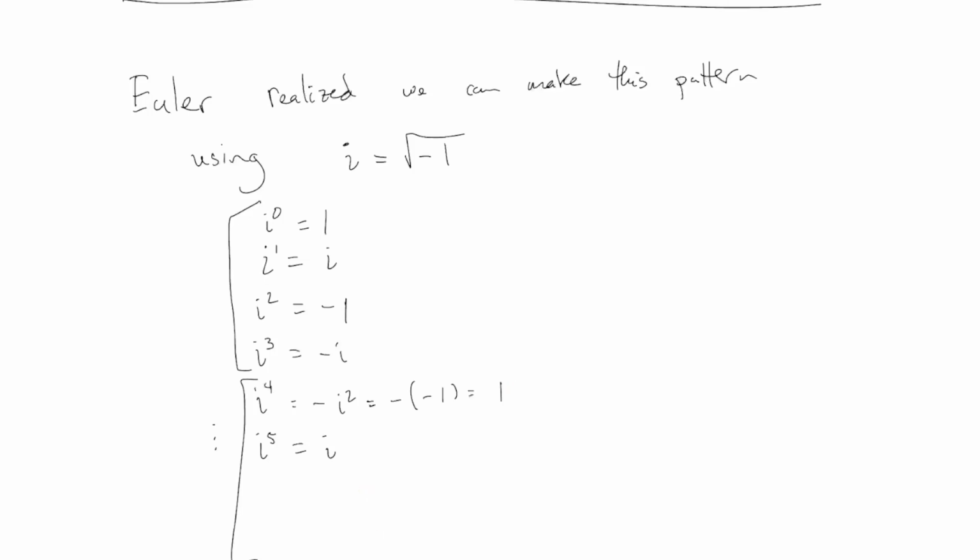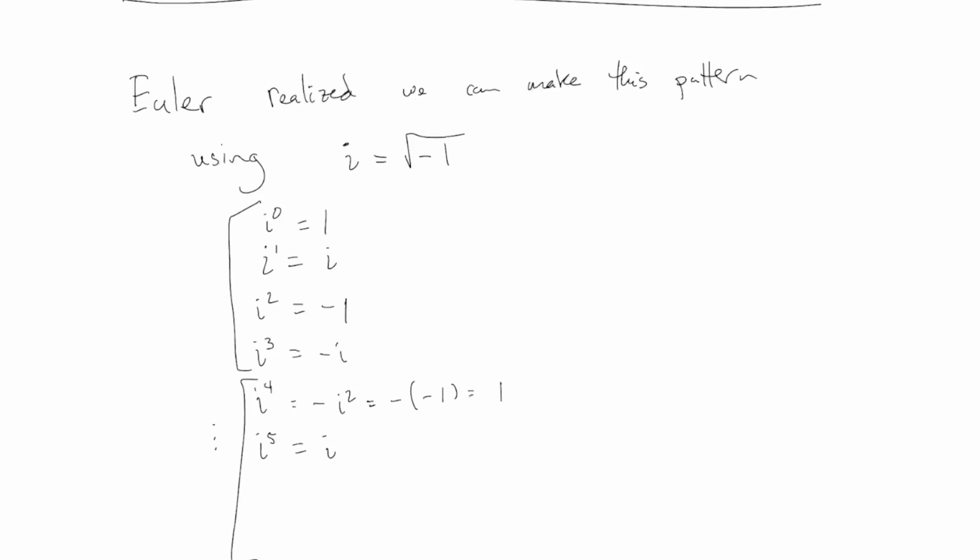And Euler must have realized this is exactly the same repeated pattern that we saw last time when you try to do the Taylor series for sine and cosine. You get this repetition in blocks of 4, and it's exactly this same pattern, not with i's, but with sines and cosines. You get sine and then cosine and then negative sine and then negative cosine, and then it repeats again.